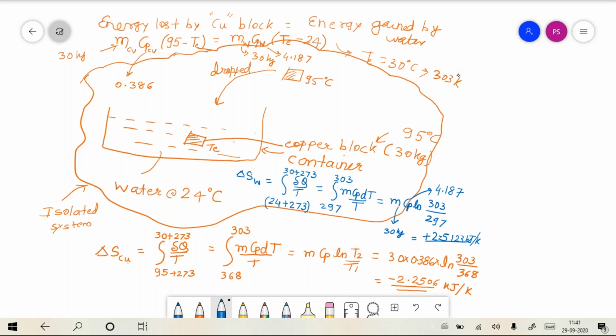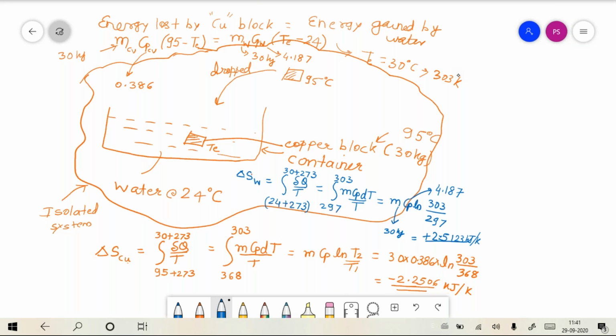You'll find that the entropy decrease of copper is less than, okay, and what could be the reason for that? To see that, it is an ideal case of heat transfer. There is no heat loss, absolutely no heat loss to the surroundings.